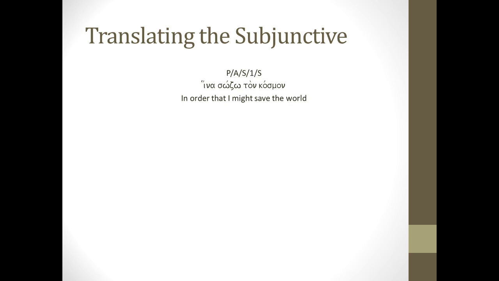And so again, although we have a word here in sōzō that looks exactly the same as the present active indicative, the presence of the red flag word hina immediately before my verb, it cannot come after it, it will always be before it, tells me that I'm dealing with a subjunctive verb in the sentence. And so I just parse it, present active subjunctive first person singular.